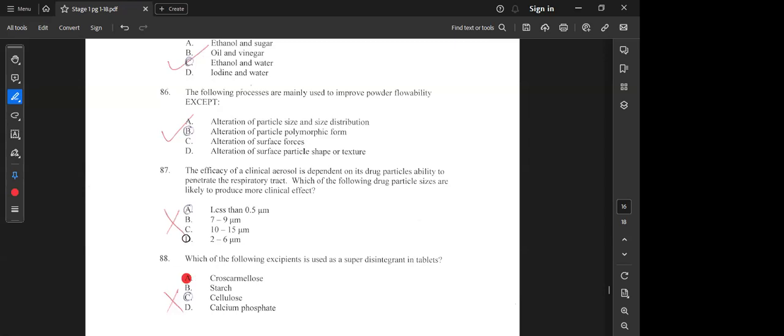The following processes are mainly used to improve powder flowability, except: alteration of particle size and size distribution, alteration of particle polymorphic form, alteration of surface forces, and alteration of particle size or texture.